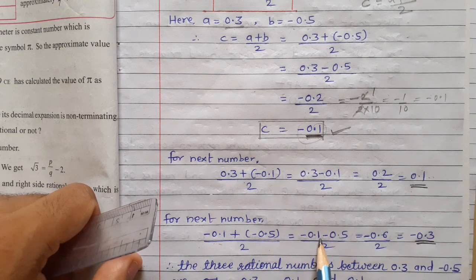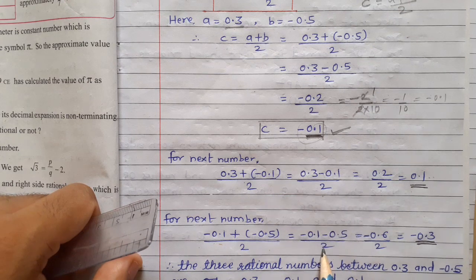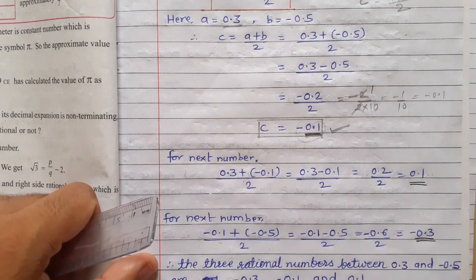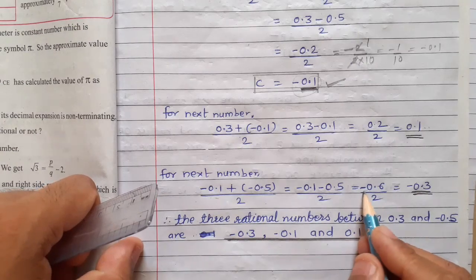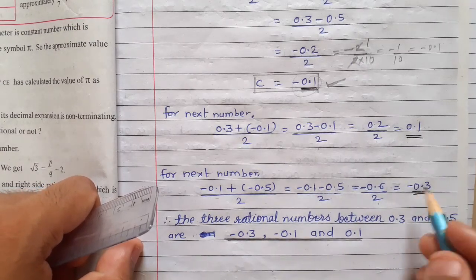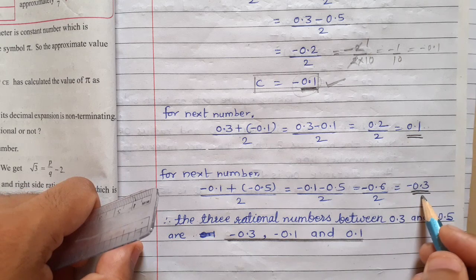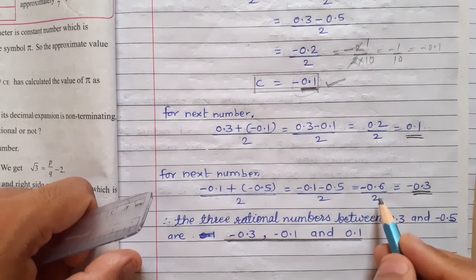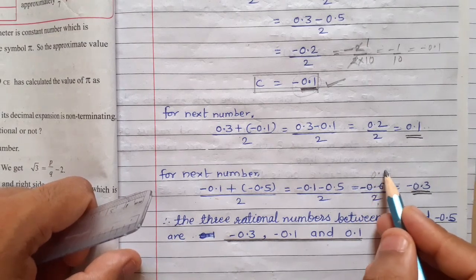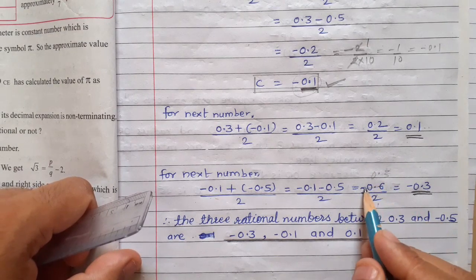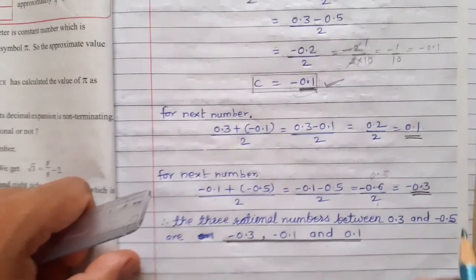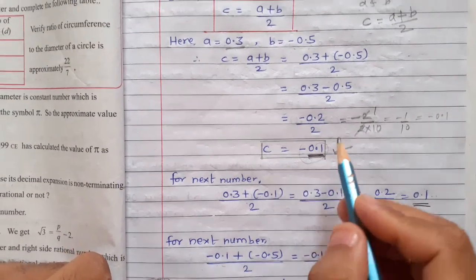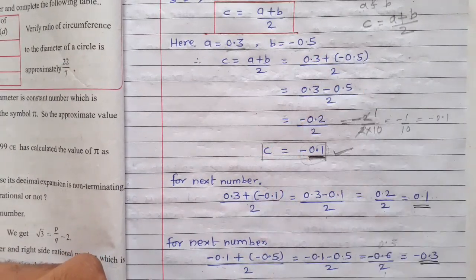Minus 0.1 minus 0.5 is minus 0.6. So we are having minus 0.6 upon 2. Next we are having minus 0.3. 2 1s are 1 and 2 3s are 6. We know that minus 0.3 is the number which is in between minus 0.1 and minus 0.5.